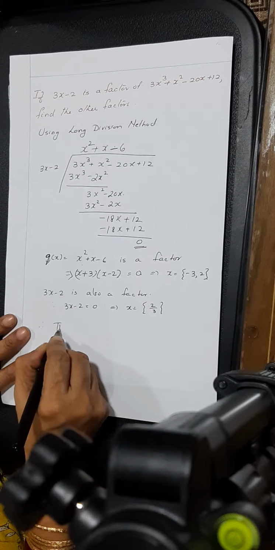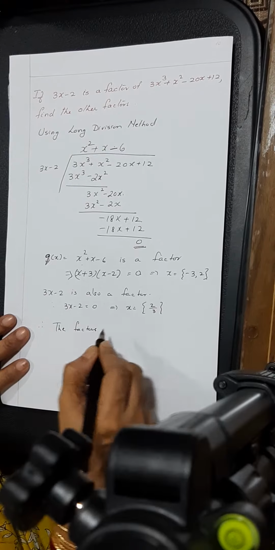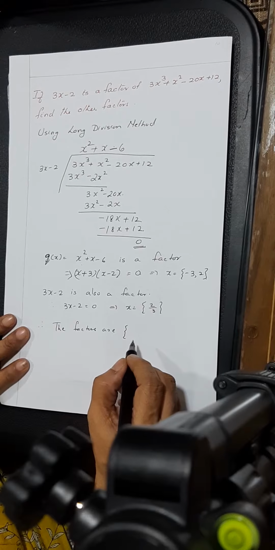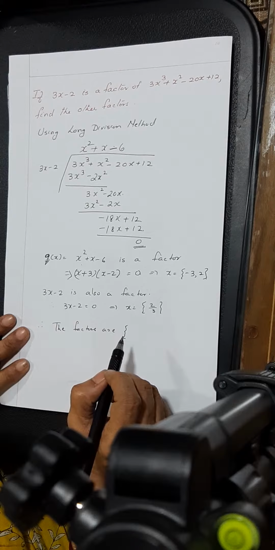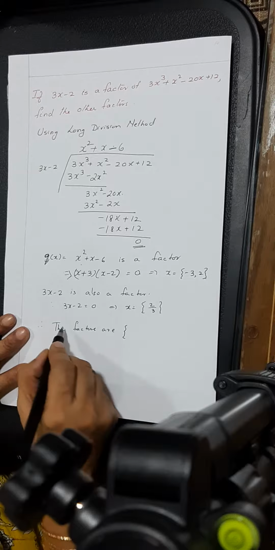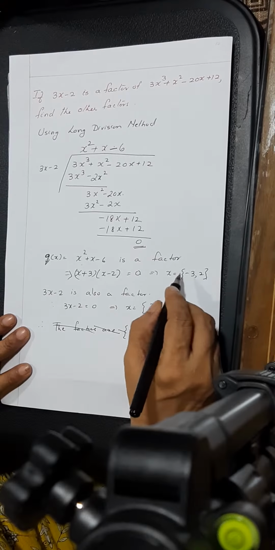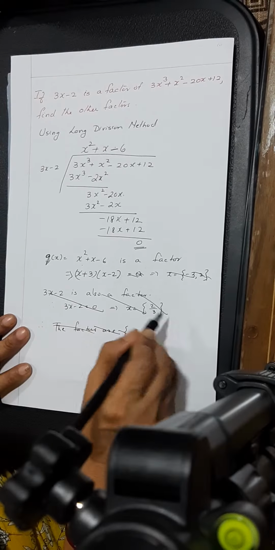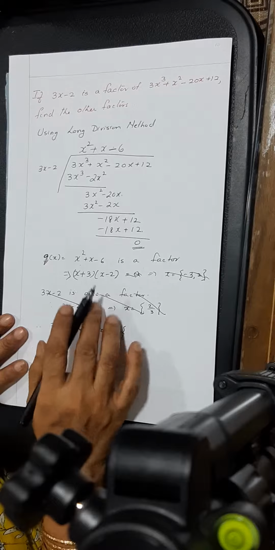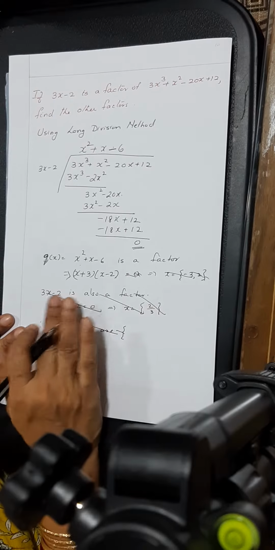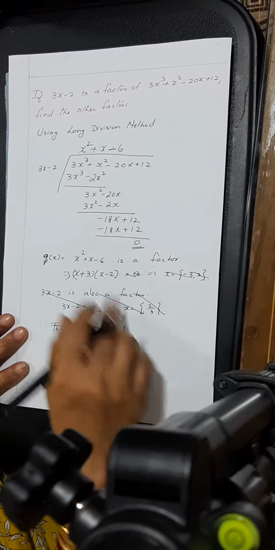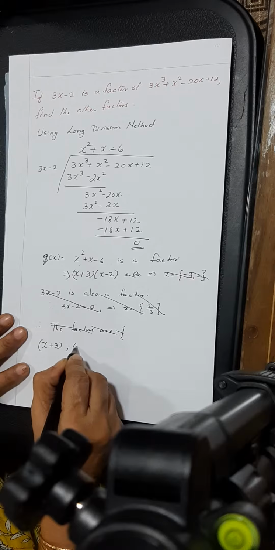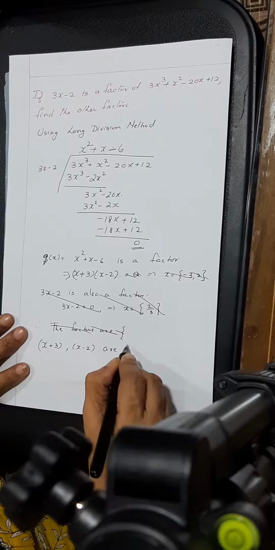But we don't have to find the zeros, you have to just simply write the factors only, so we don't have to equate it. I'm sorry. So 3x minus 2 already is given as a factor. If suppose they had asked what are the zeros, then you will have to do this method, but they have just asked to find the factors only. So x plus 3 and x minus 2 are the factors.